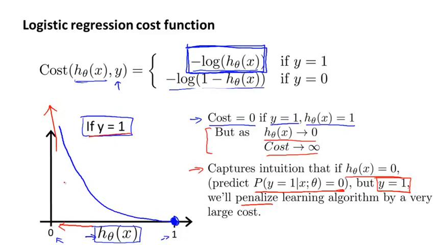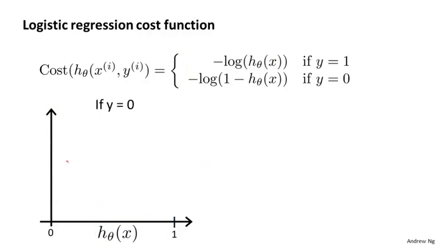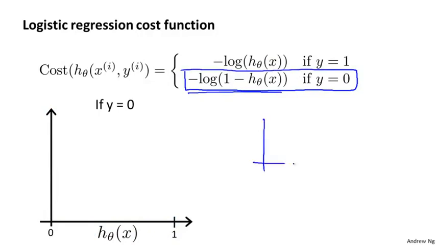This slide considered the case of y equals 1. Let's look at what the cost function looks like for y equals 0. If y is equal to 0, then the cost looks like this expression over here. And if you plot the function minus log 1 minus z, what you get is that the cost function actually looks like this. So it goes from 0 to 1, kind of like that.